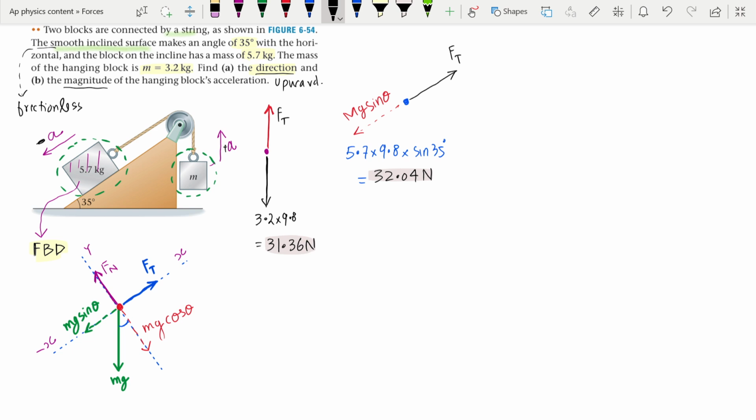For this we can set up equations, because this is also an unbalanced forces example.